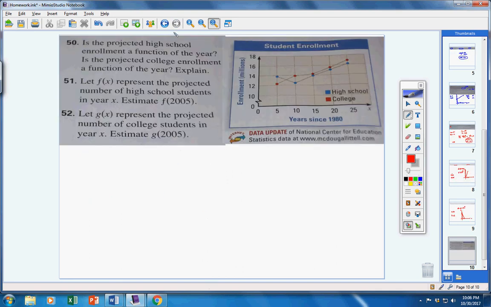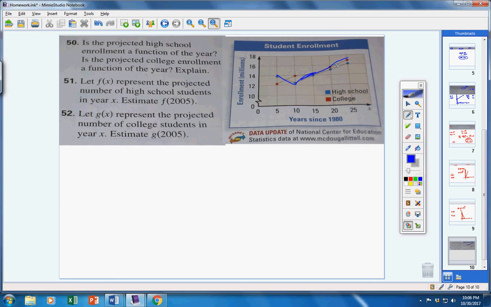Alright, moving on to page 260. Here we go. Is the projected high school enrollment a function of the year? Well, let's see. Let's stop and look, okay? Projected high school enrollment is blue. Do you see that right there? It's in blue. And so we're going to look at this blue graph and see if it's a function.